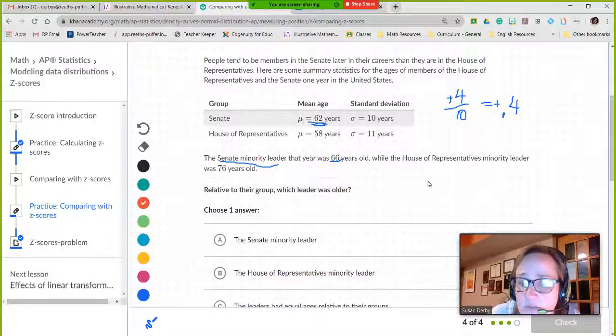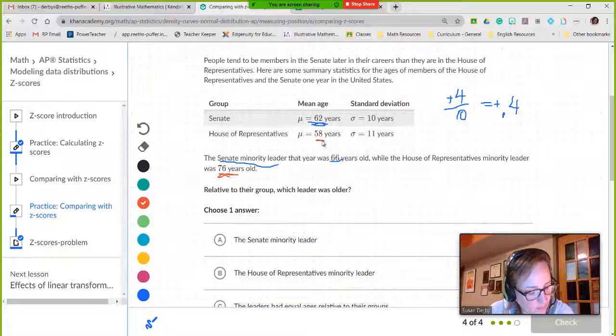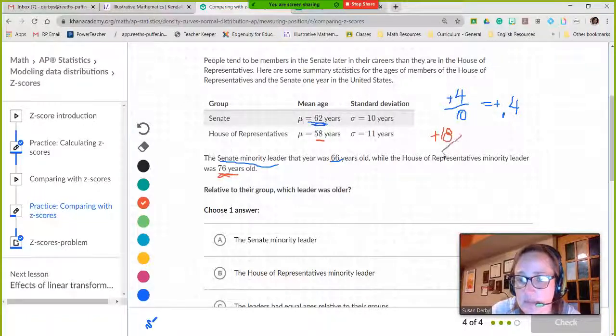When I look at the House of Representatives, this person is 76 years old. Now comparing that to the mean, 76 years old minus 58 tells me that this person is 18 years older than the mean. So I'm going to put that positive 18. They're above the mean, they're 18 years older. And their standard deviation is 11.